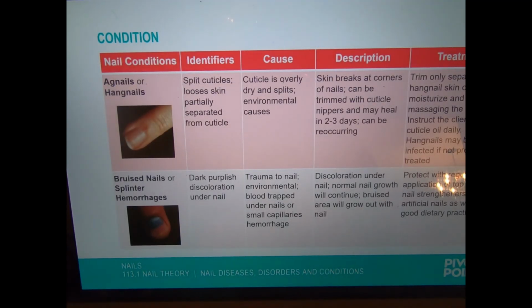Okay, nail conditions. So hangnails or agnails. So they're the same thing. They just took a couple letters out, and it's when the skin is splitting around your nails. We're all familiar with hangnails. Bruised nails or splinter hemorrhages, when you hit your hand inadvertently and it gets blood underneath your fingernail.